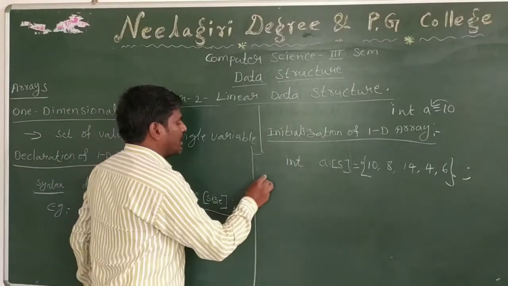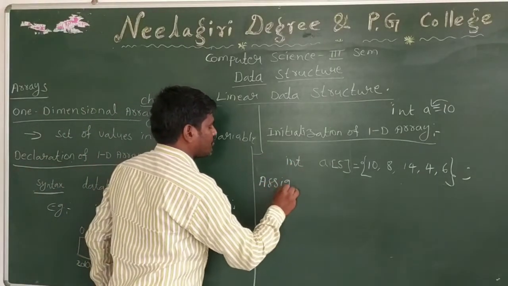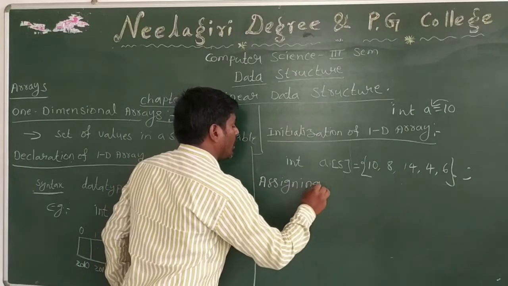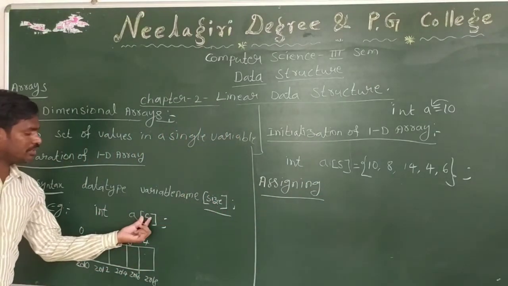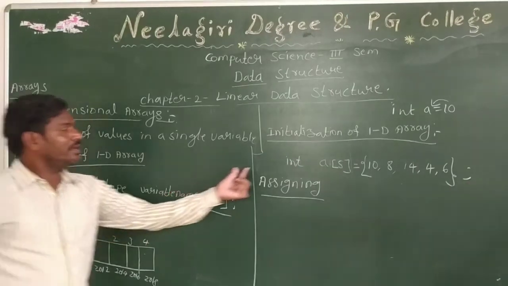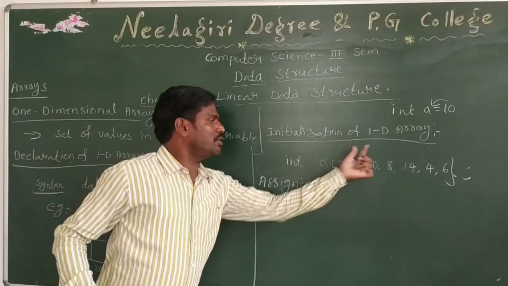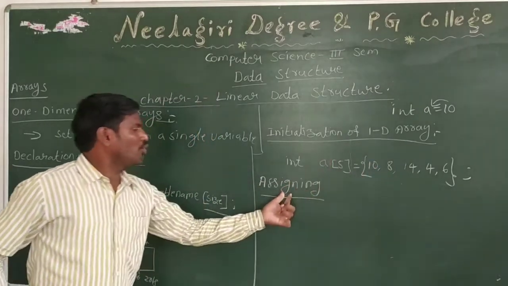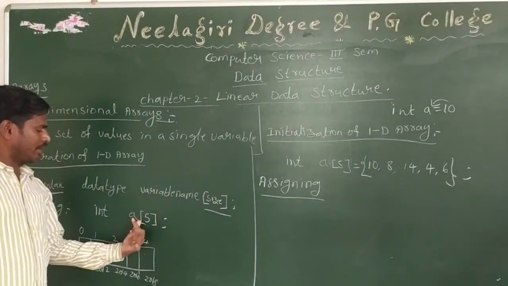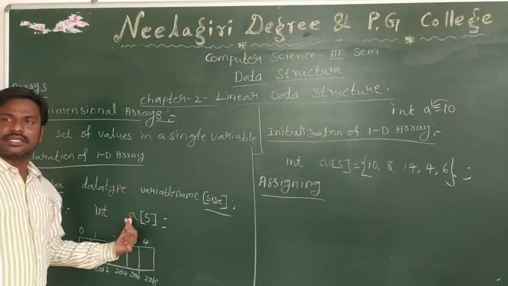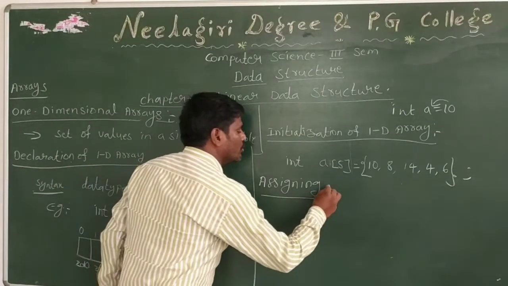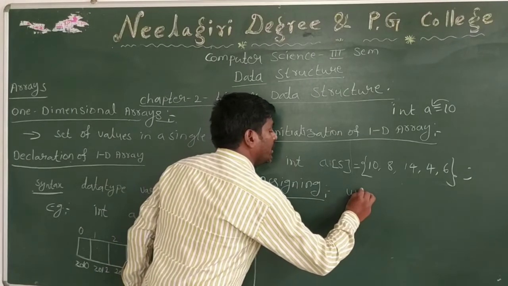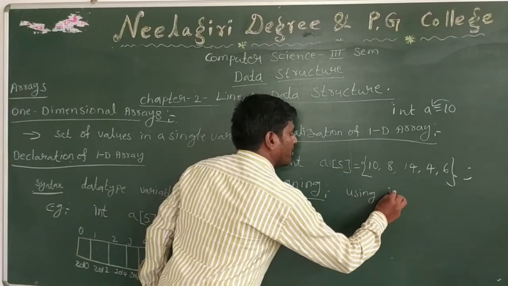Assigning means the variable is already declared. So A is already declared, and now I want to assign values to A. Here I am declaring the variable and assigning the values, but you are only assigning values to the array variable which is already declared. Now you can assign the values by using the index value.